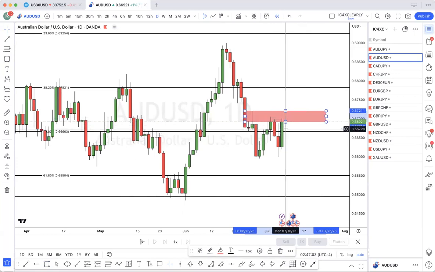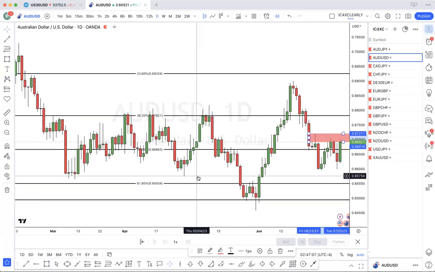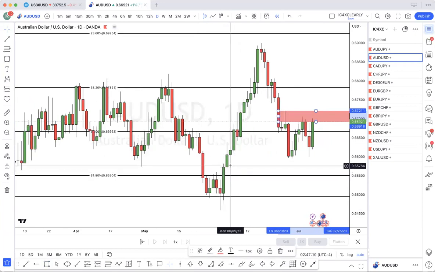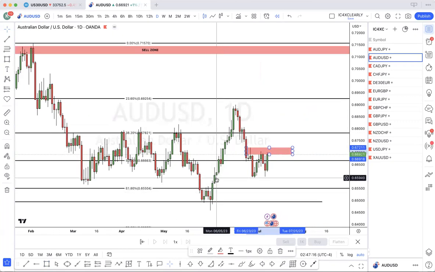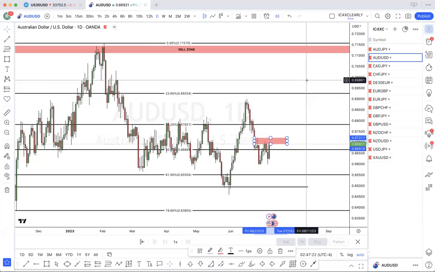So price could push up and come back and fill this imbalance or tap into this order block before pushing back to the top side.